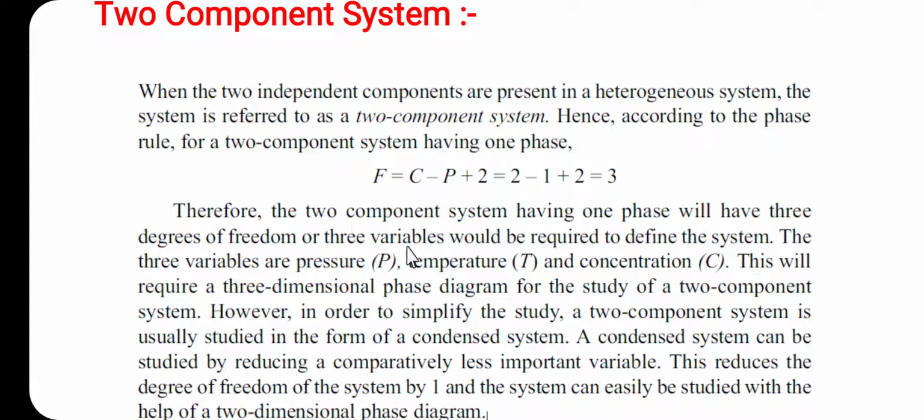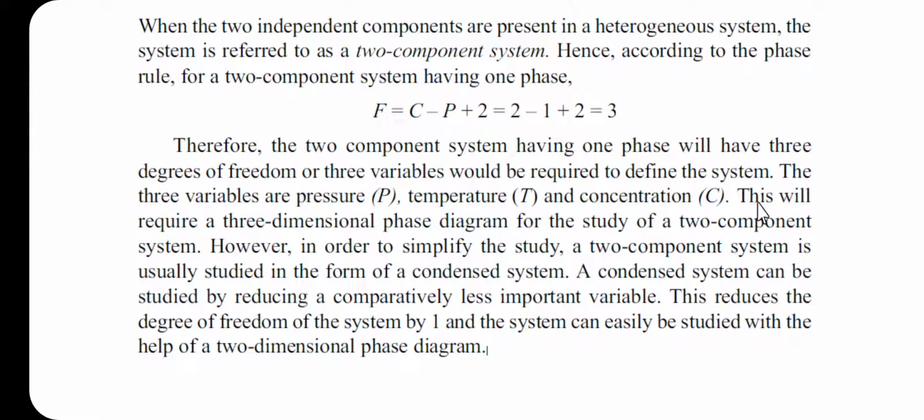So if we have to define or study such a system, the 3 variables are pressure, temperature and concentration. This will require a 3-dimensional phase diagram for the study of the two component system when F is equal to 3.